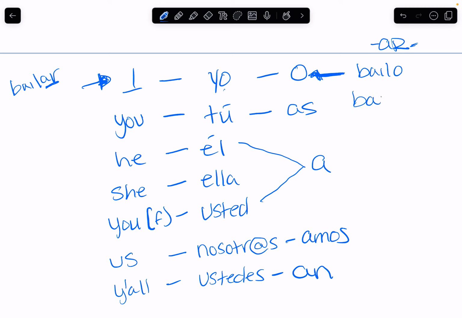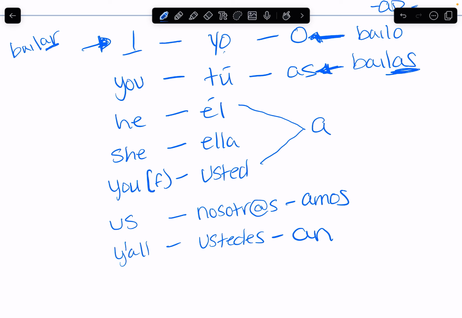Tú bailas. Again, the ending is AS because I'm saying tú, you dance. Él, ella, o usted baila. Nosotros bailamos. Amos is my ending. Ellos bailan. An is my ending. So this is how you tell that someone is doing an action. So these are your verbs, and this is the ending for the present tense.